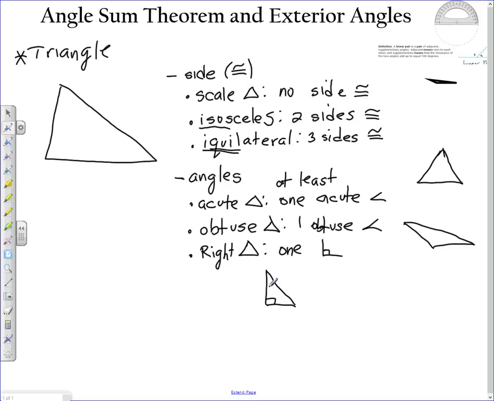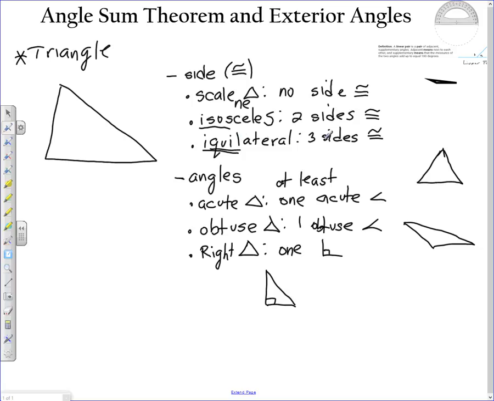So this is stuff you're supposed to know already: how to classify triangles using the sides. That's a scalene triangle, meaning no congruent sides. An isosceles triangle means at least two of the sides are congruent.